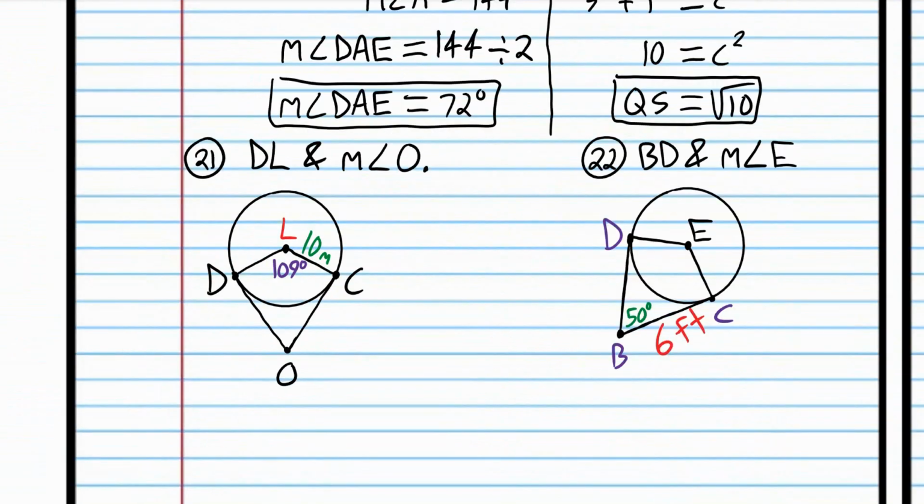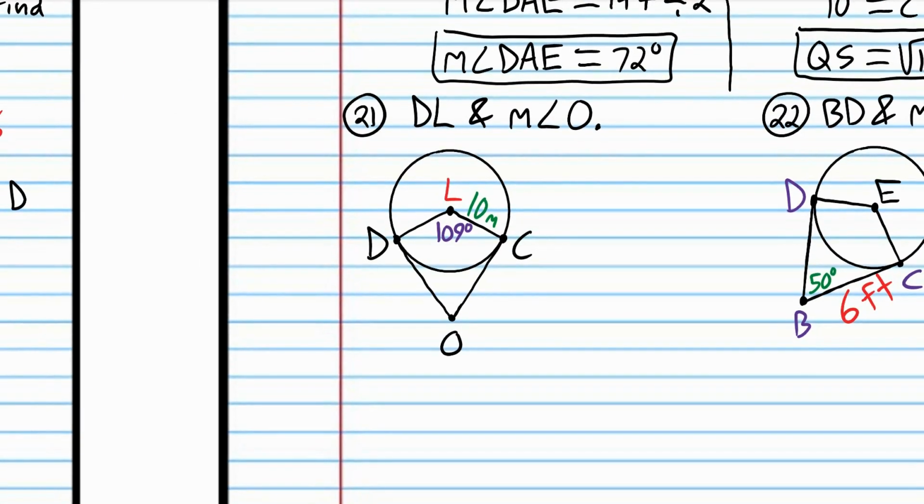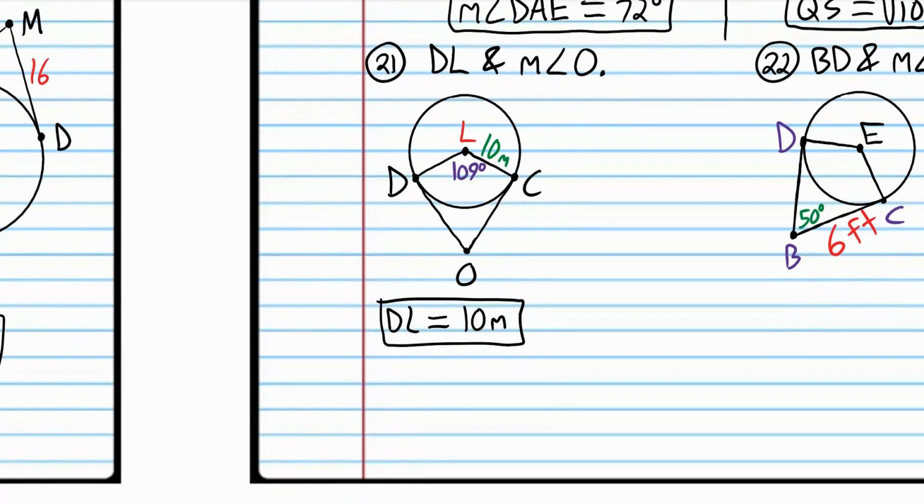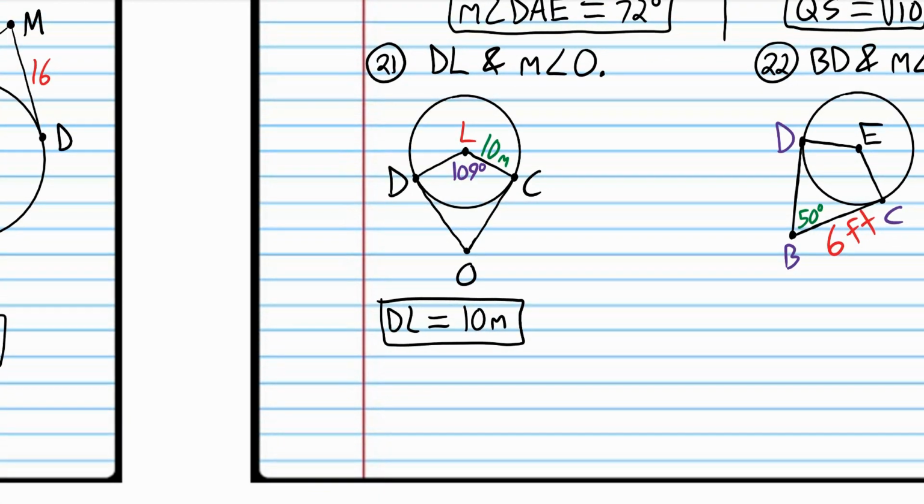All right, we're back. DL, that's pretty easy. That's just the length of a radius, so that's 10 meters. So if you got 10 meters, good job. Measure of angle O, we have to use the polygon interior angles theorem.